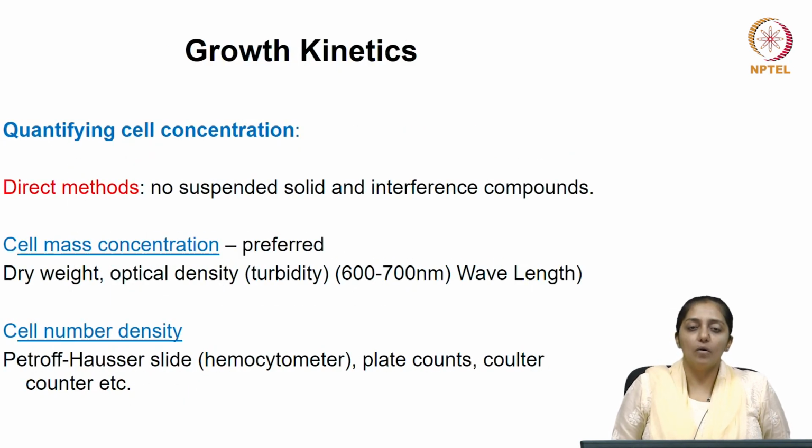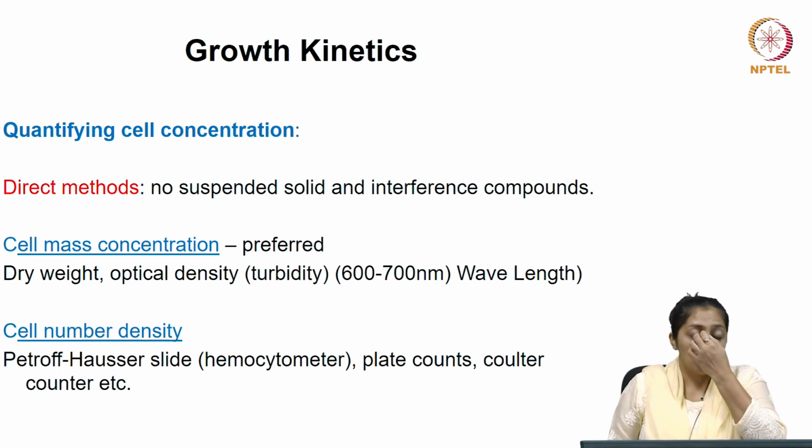Now, let us see how growth kinetics is generally determined in fermentations. Anything changing with respect to time would be termed as kinetics of that variable. So, here we are talking about the biomass or the cell concentration.